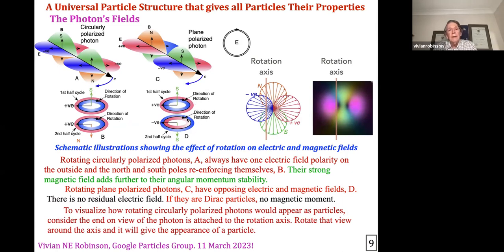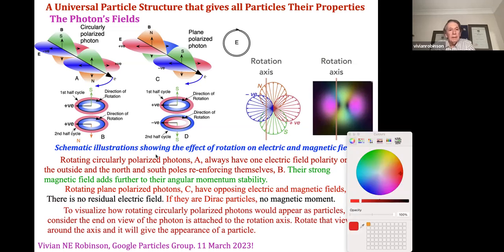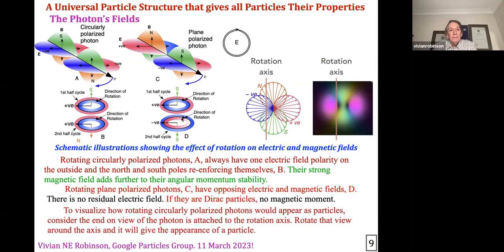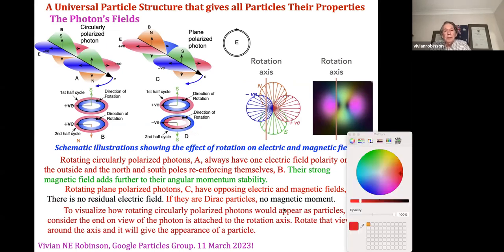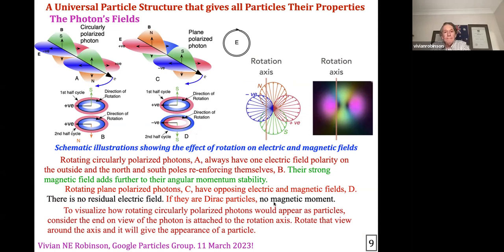In the second half, it'll have a negative field on the outside, so it will basically have no residual charge. The magnetic fields are in opposing directions. Therefore, if it's a Dirac particle, there will be no magnetic moment either.